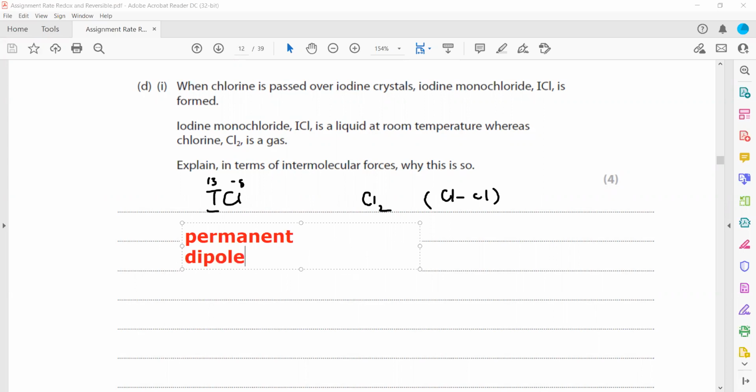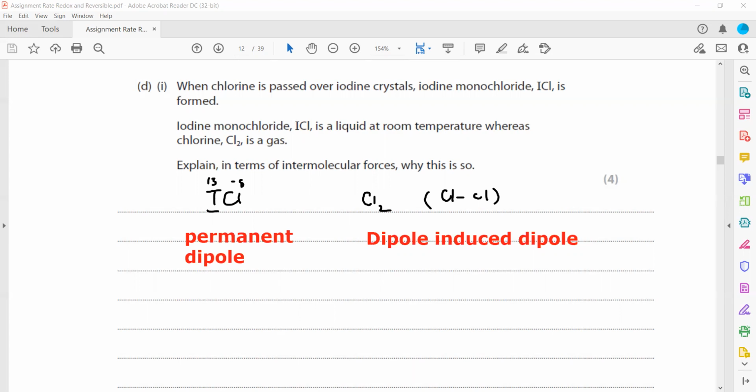Whereas in the chlorine molecule, because two atoms are sharing electrons, they will have dipole-induced dipole force. When molecules have the same electronegativity, the shared pair of electrons is not shifted towards any side, which leads to dipole-induced dipole force.